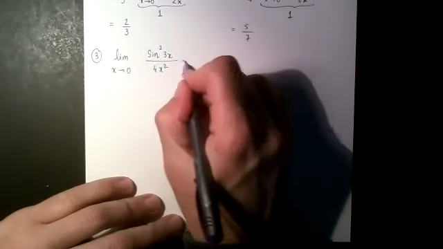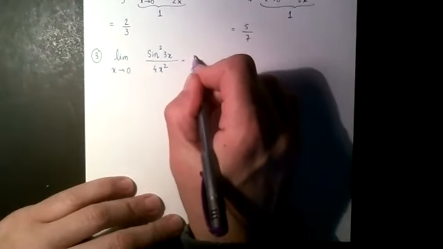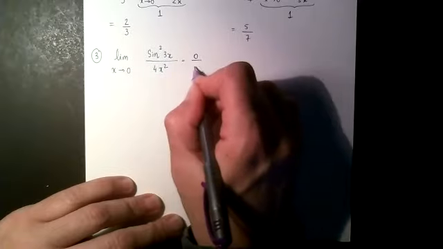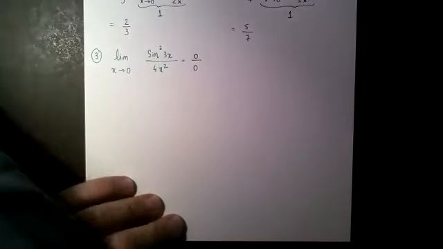First thing you do, as usual, you check: sine of 0 is 0 over 4 times 0 is 0, perfect.